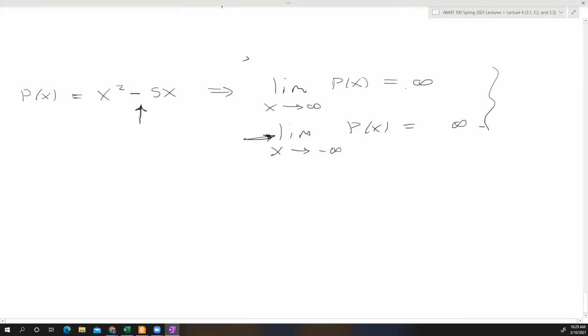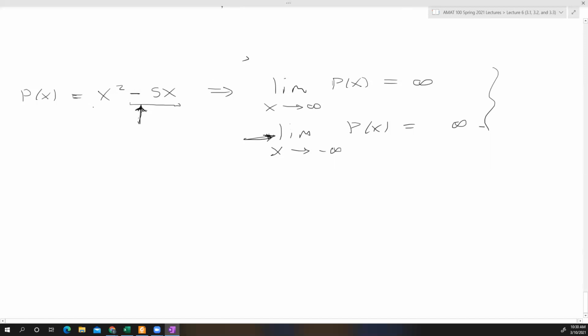But what about the first one? You might say, well, what about this negative here? Why do we get infinity? Why doesn't it mess this limit up somehow? Well, the idea is that as x gets bigger and bigger, it's true that this part right here is a negative, and that it's becoming a bigger negative number.